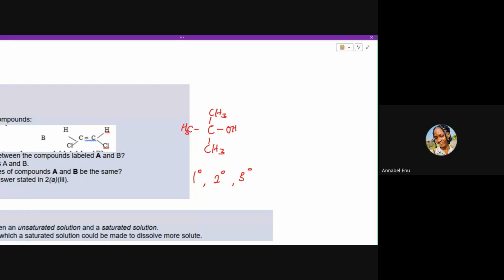Yes. A primary, ma. Why is it a primary? Why did you say it's a primary? If it contains one group.